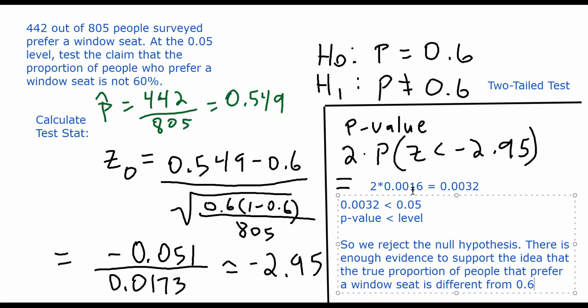We're supporting the alternative hypothesis, which says that the true proportion is not 0.6. So we've run another hypothesis test, this time using the p-value.